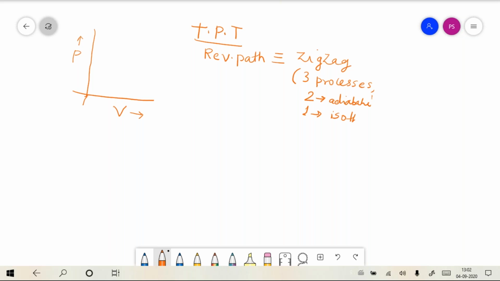All are reversible. We are talking about reversible. Okay, this is to be proved.